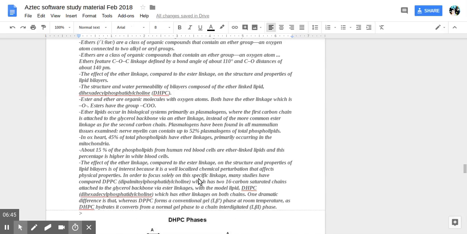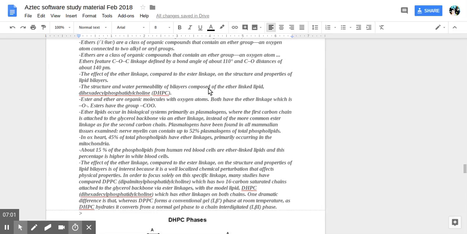about molecules called ethers, which are a class of organic compounds containing an ether group, an oxygen atom connected to two alkyl or aryl groups.